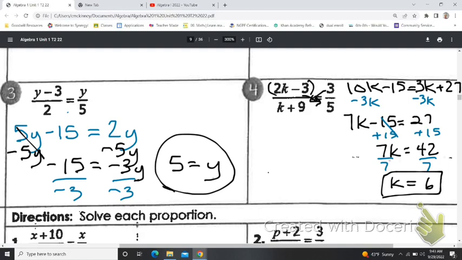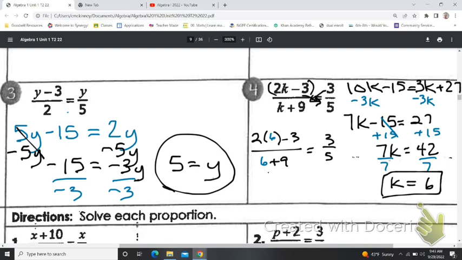And if I plug that in, this is what I would be doing: 2 times 6 minus 3 over 6 plus 9 should equal 3 over 5. Now, doesn't mean it's going to be 3 and 5, but it would be an equivalent fraction.